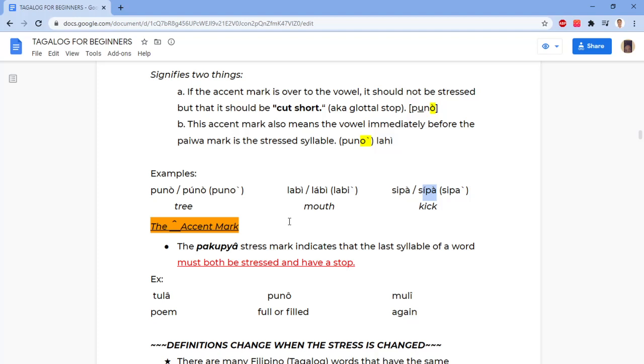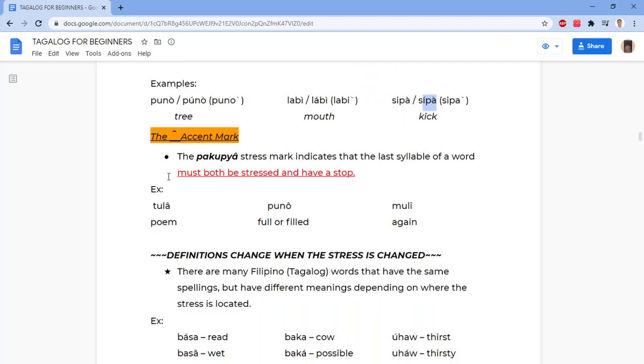Next is the one that rises, leaning up to the right, and falls, leaning down to the right. Rising, falling, sounds like in the plot diagram, if you know that. We call it pakupya. This stress mark indicates the last syllable of a word must both be stressed and have a glottal stop.